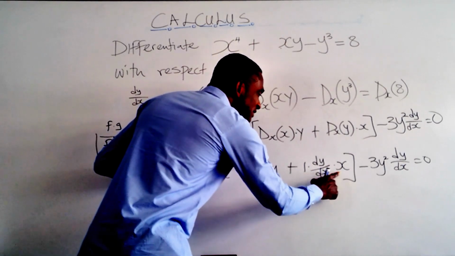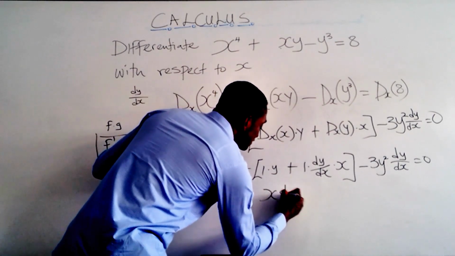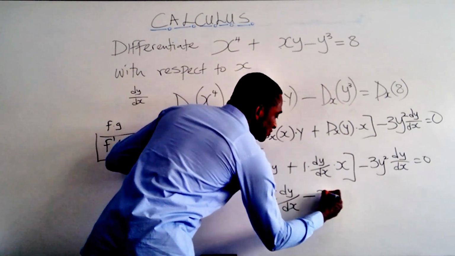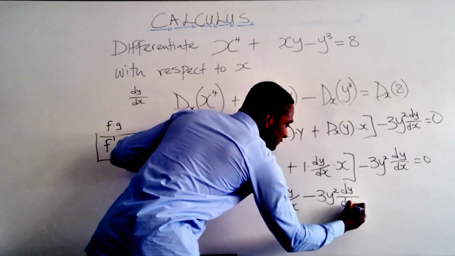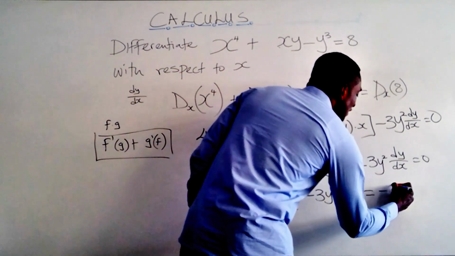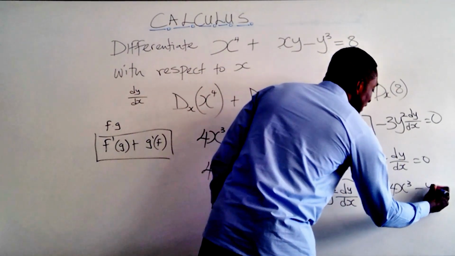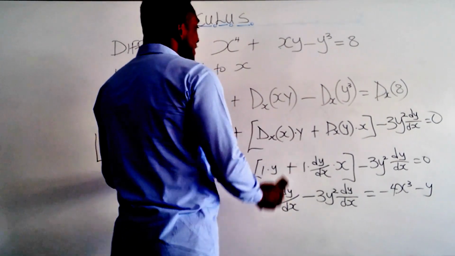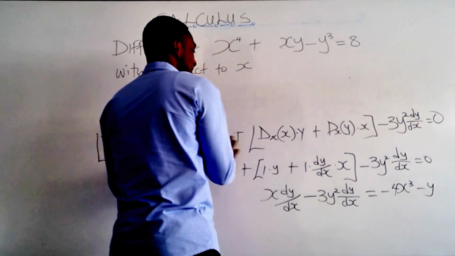We have x dy over dx minus 3y squared dy over dx equals, let's take every other thing over. This is 4x cubed, going over becomes minus 4x cubed. This is 1y, going over becomes minus y. So we have taken it over, and then we make dy over dx the subject of the formula.